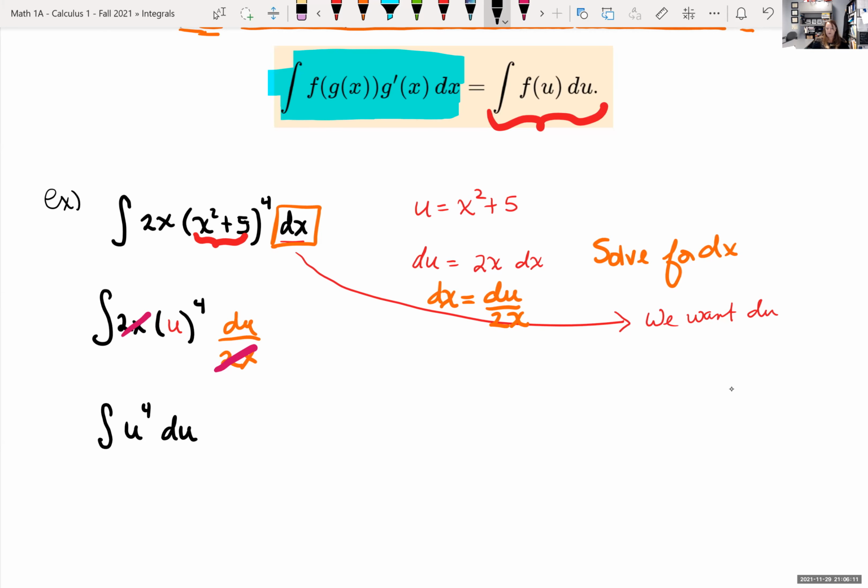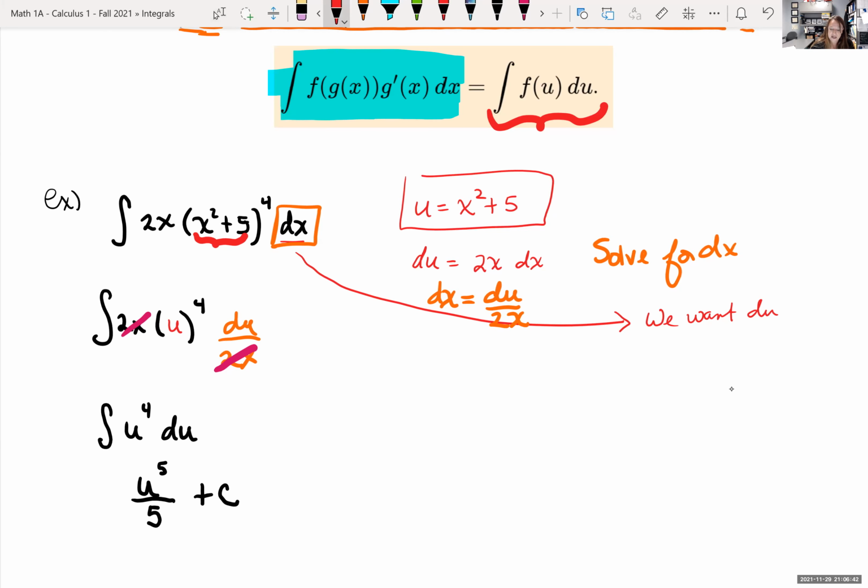Now it's in the form that we know how to integrate. Integrating u to the 4th, we add 1 to our exponent and divide by our new exponent. This is an indefinite integral, so we don't have bounds. This is where we have to add our constant c. Now that we know what u is, we used that at the beginning of the problem. We let u be x squared plus 5.